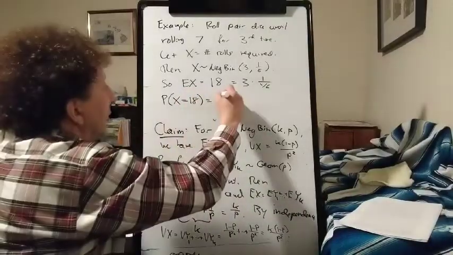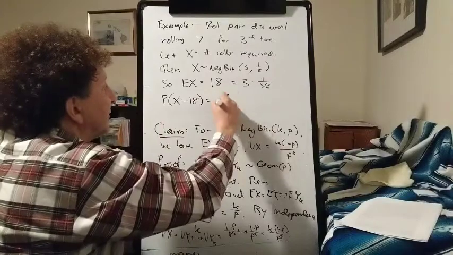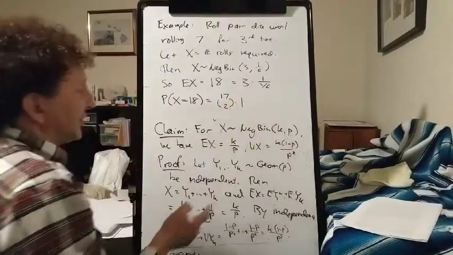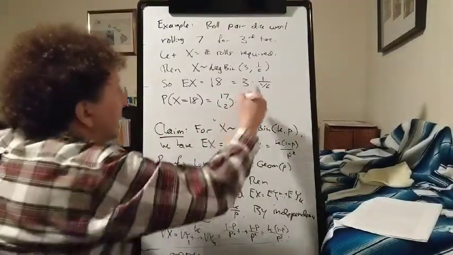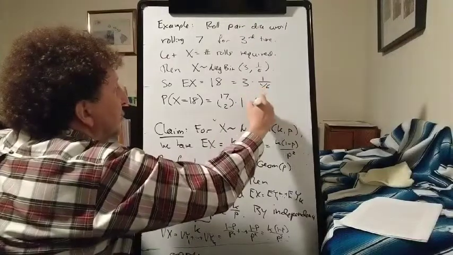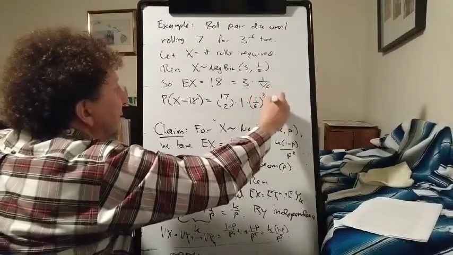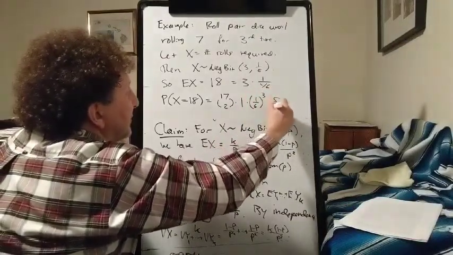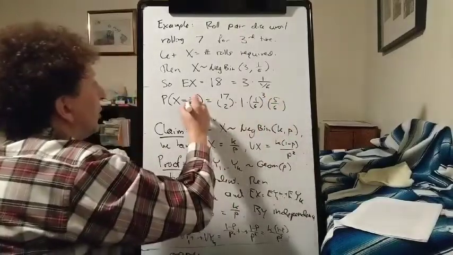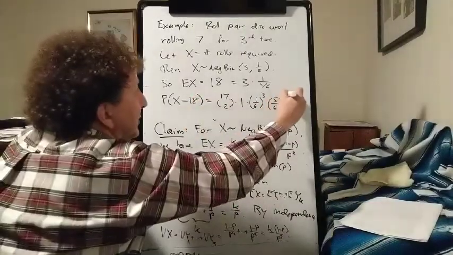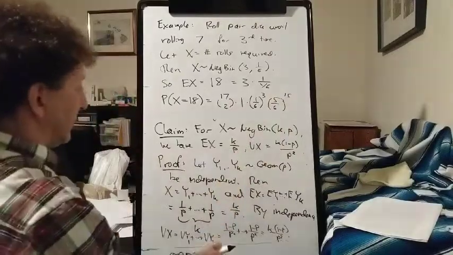So we want 2 successes in the first 17 rolls and then 1 success on the 18th roll. And probability of success is 1/6, so that's 3 times, and then probability of failure is 5/6, so that is 15 times. 5/6 to the 15th.